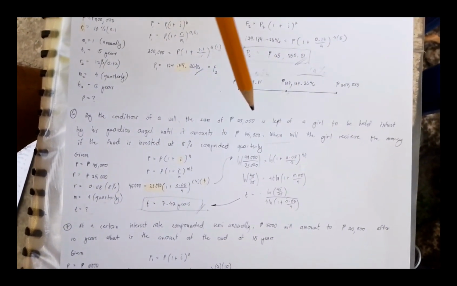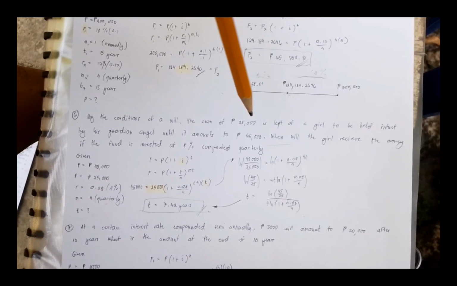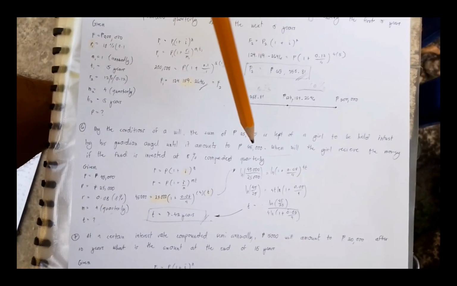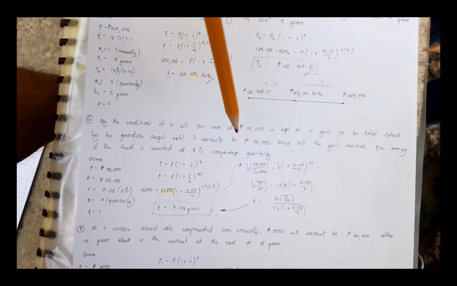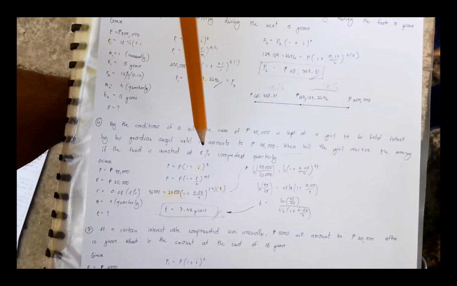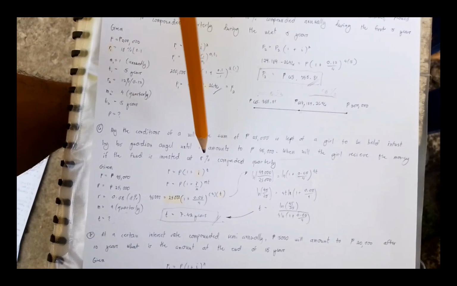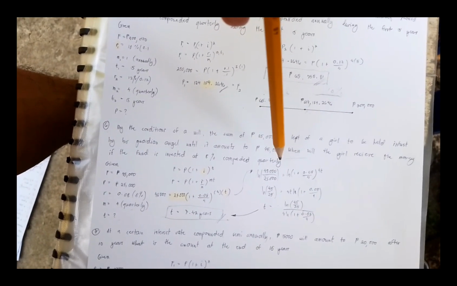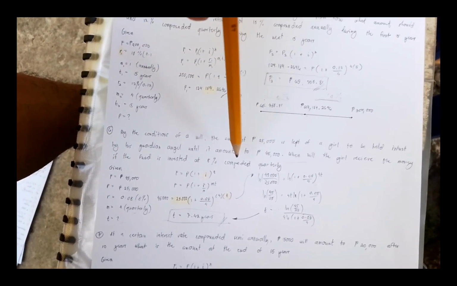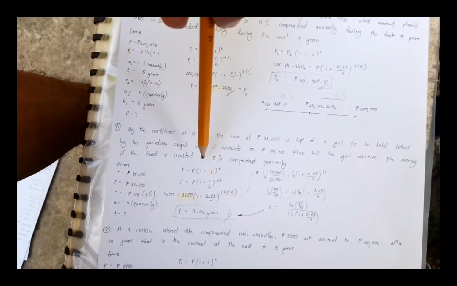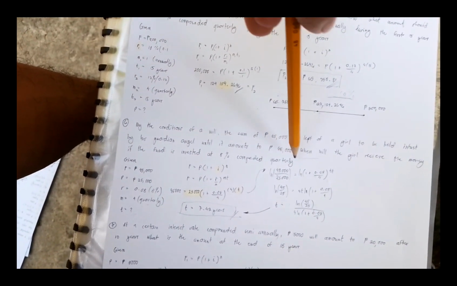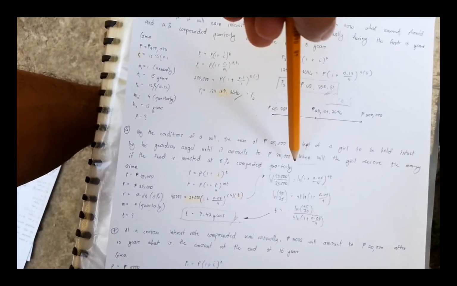That will be 25,000, our present value, and 45,000 for our future value or maturity value. Our nominal rate is 8% or 0.08. Then compounded quarterly. From the word compounded, it's typically compound interest. Compounded quarterly means 4 times a year, or 4.